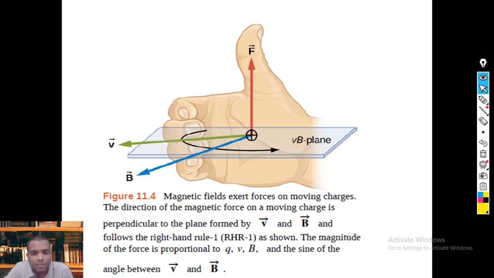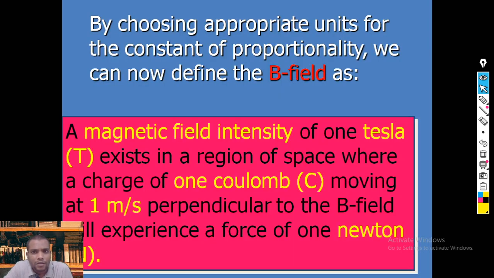So the charge will move perpendicular to the velocity and the magnetic field plane, because here the interaction is taking place between the velocity component and the magnetic field component.